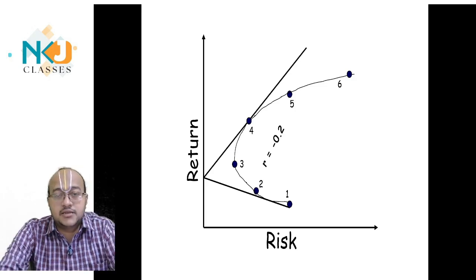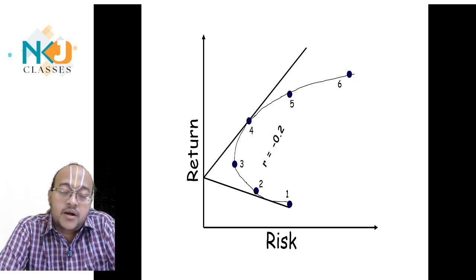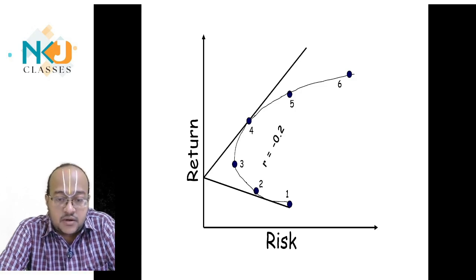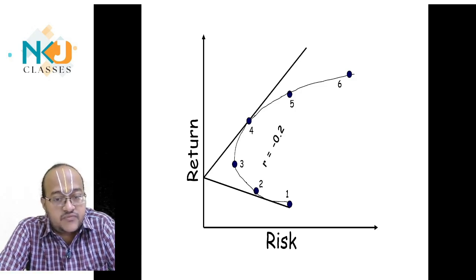In this question, they have given the correlation as minus 0.2. But if the correlation is exactly minus 1, then in some proportion, as I told you in the previous class itself, we can even reduce the portfolio risk to 0. What is the proportion?